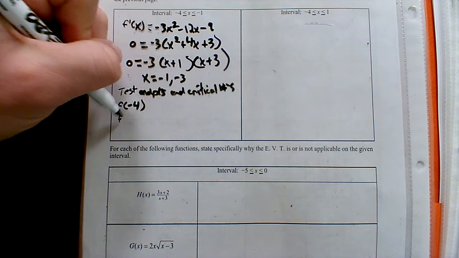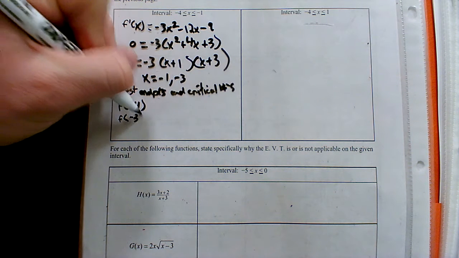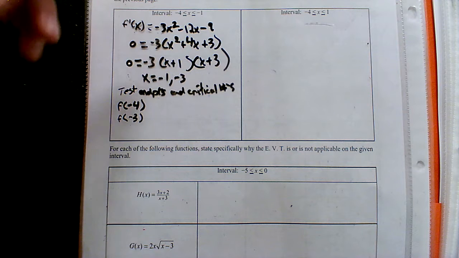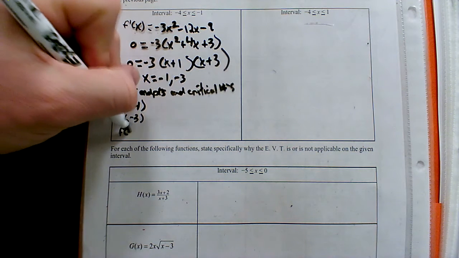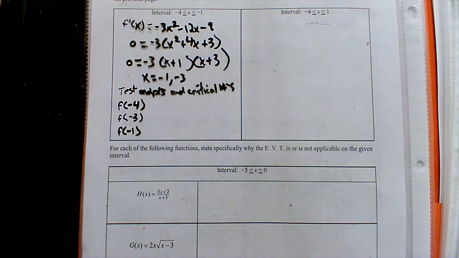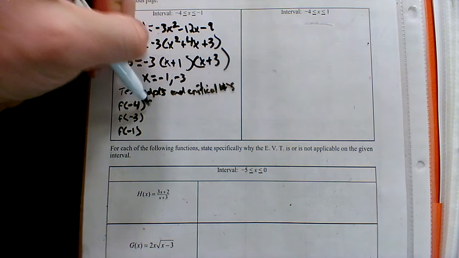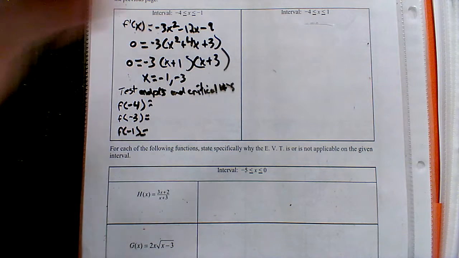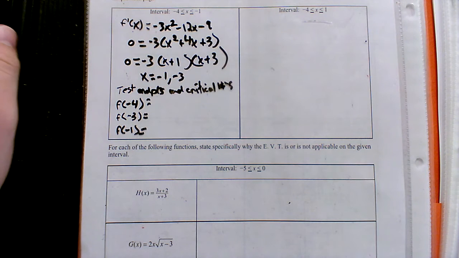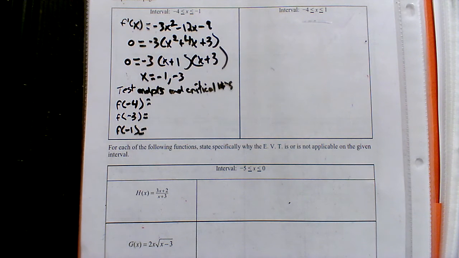We're going to test f of -3 because that's a critical point. And we're going to test f of -1 because it's a critical point and an endpoint. So those are the 3 points we're going to test. Now again, we're testing those in the original. So we need to get 3 answers here. So take these values and plug them into the original and see what your answers are. You can use your calculator if you want to, but you have the original function at the top, plug it in, and let's see what your values are.